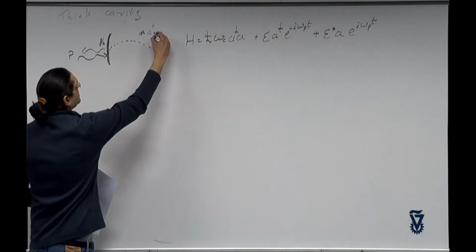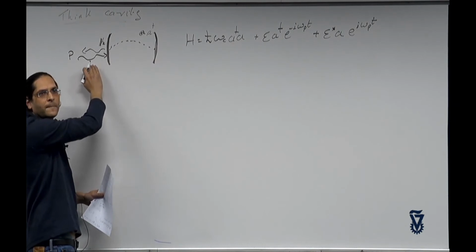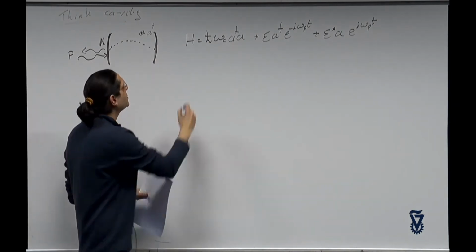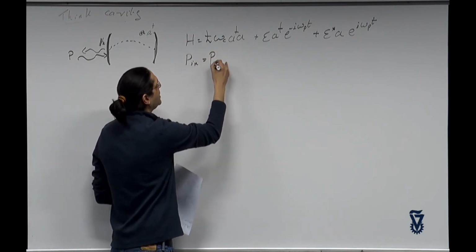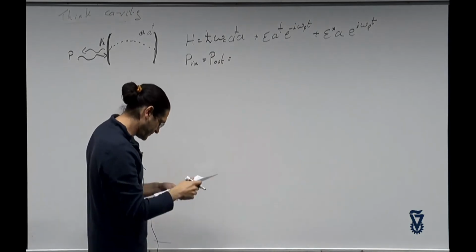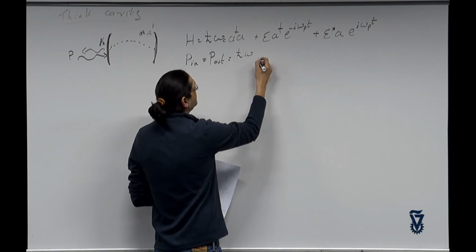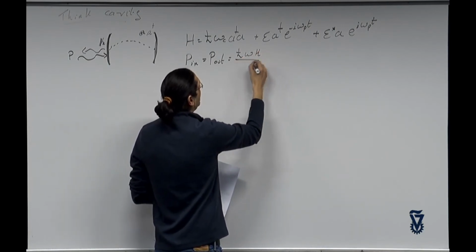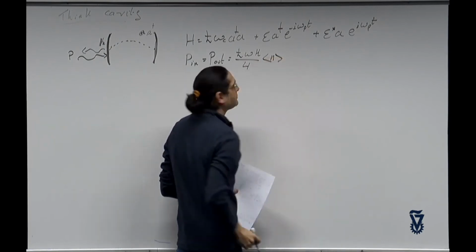And let's suppose that this mirror here is completely opaque and everything that comes in here comes out here, and it's completely one-dimensional. Then the power going into this cavity has to equal the power going out of the cavity. And this power is just h bar omega kappa over 4 times n bar.